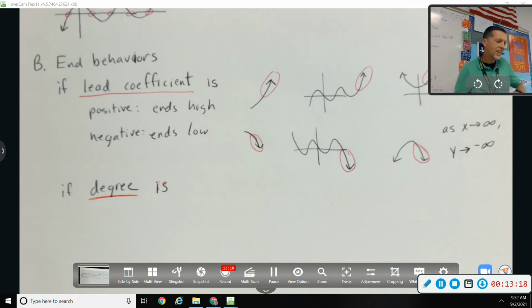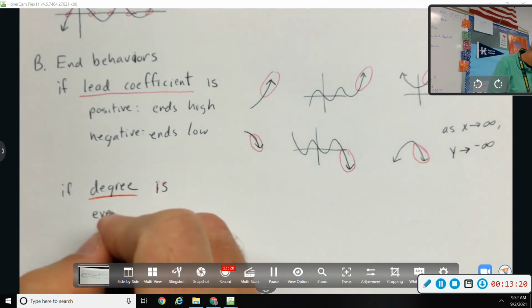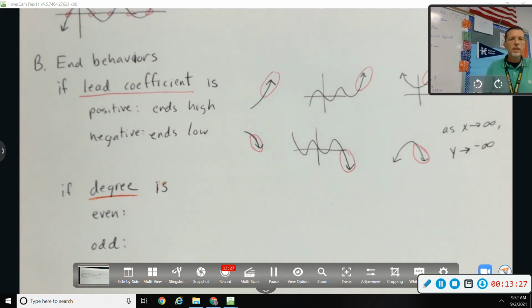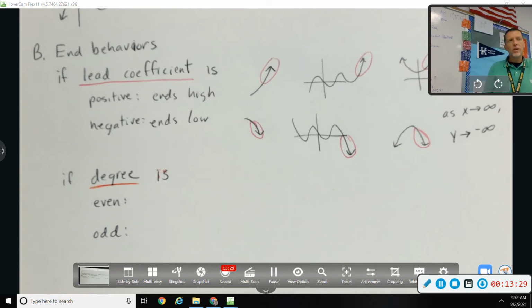Even or odd. The degree is even versus the degree is odd. Now this is a little bit weird because the degree doesn't tell you the left end, at least not directly. It only tells you if it matches the right end or not, if it's the same as the right end.